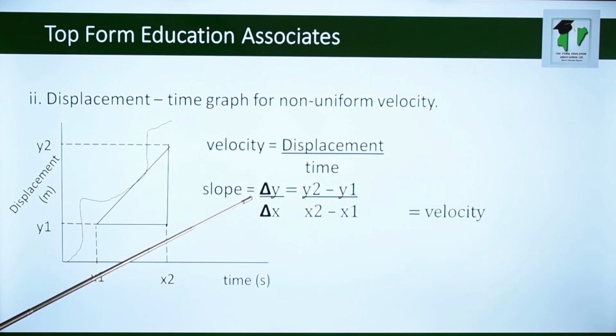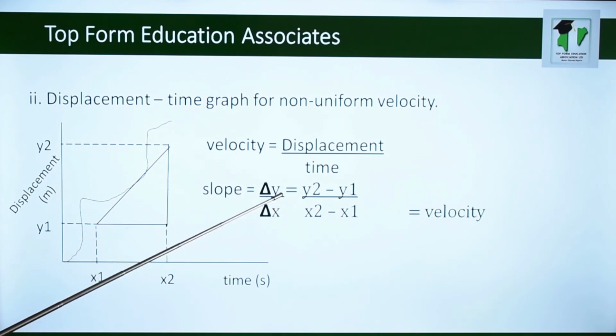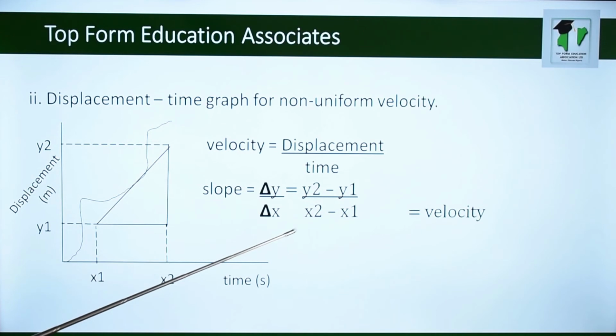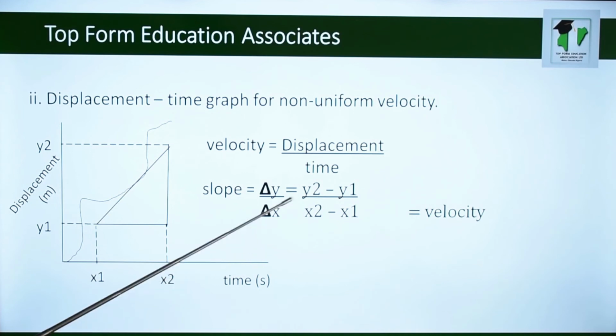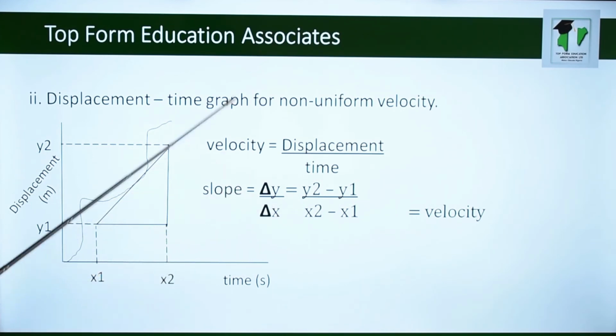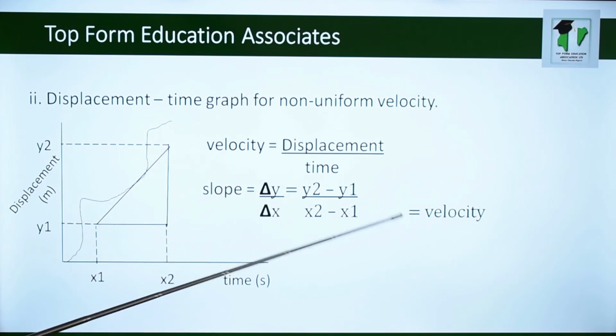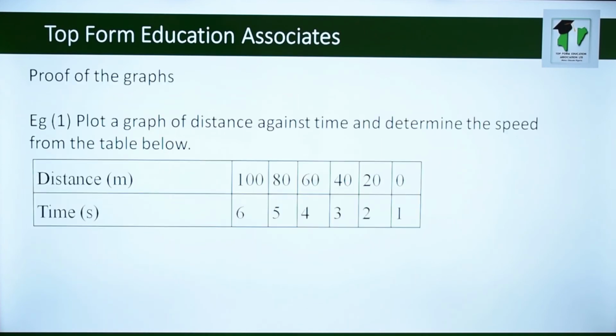And then the slope for you to get this velocity will give you change in y over change in x, which is the highest value of your y and the lowest value of your y, over the highest value of your x-axis and the lowest value of your x-axis. So the values you have taken with this right angle triangle will give you the slope, and the slope, once you calculate it, gives you also the velocity.